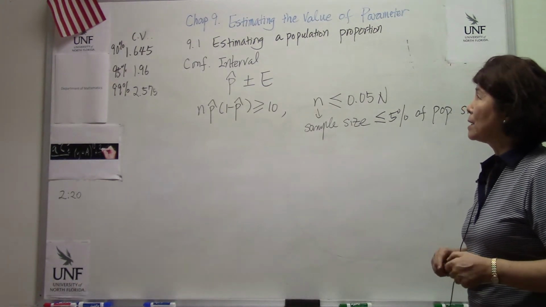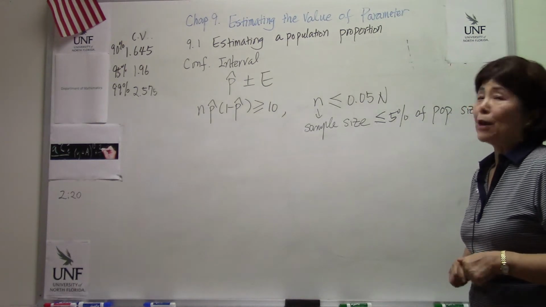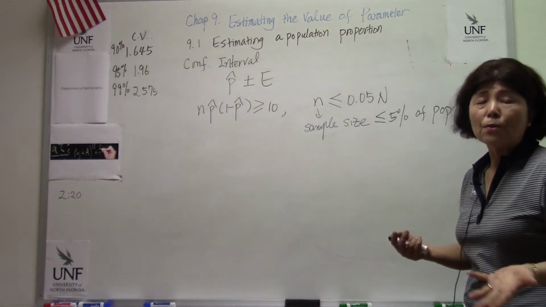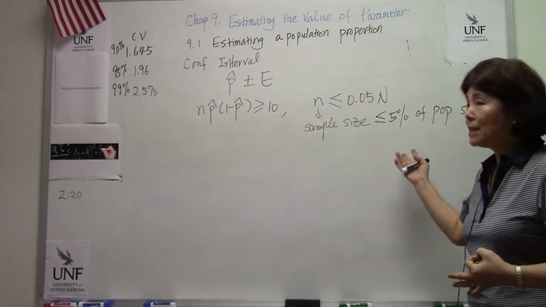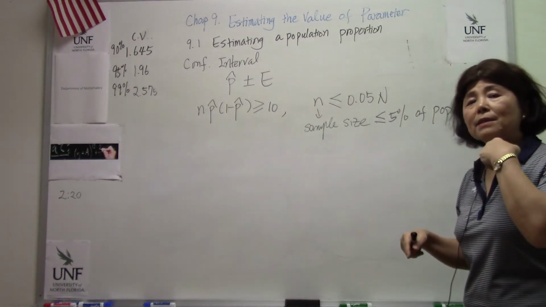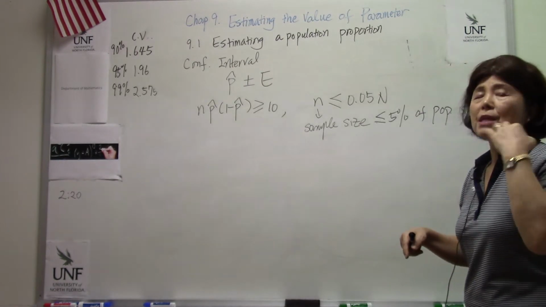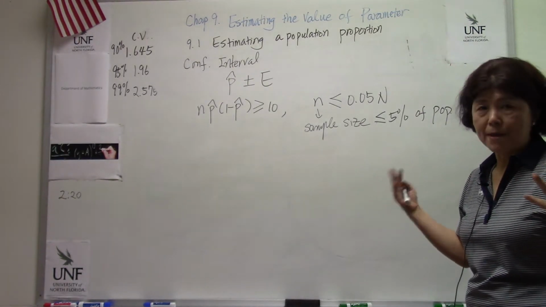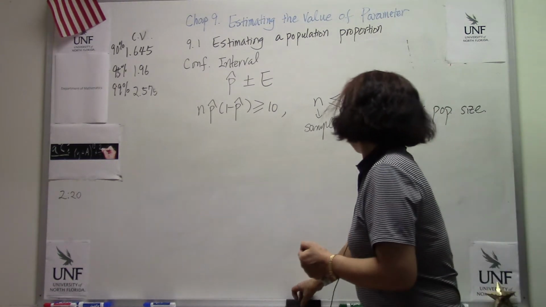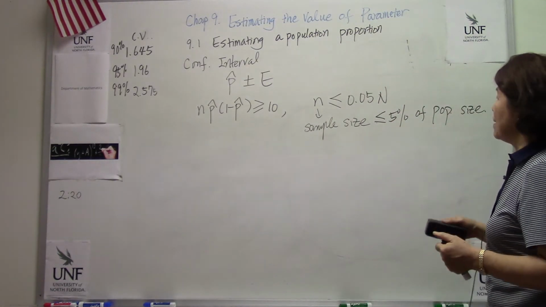So this is like the binomial experiment where each trial has to be independent. This is the same thing. We are going to ask the same question to each student, and they have to be independent. That's why this is 5% of the population.